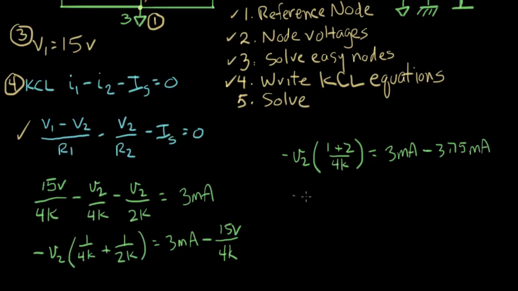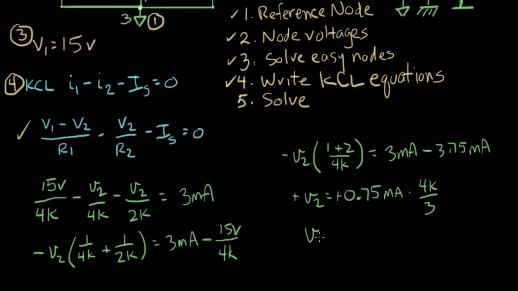Moving on, minus V2 equals minus 0.75 milliamps times 4K over 3. Let's get rid of the two minus signs. We don't need those anymore.